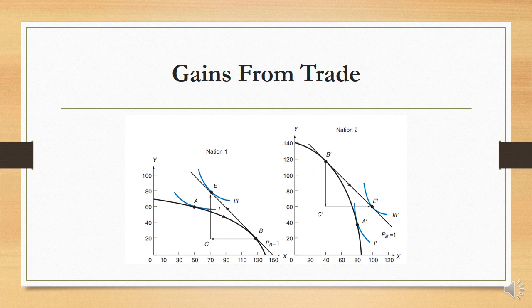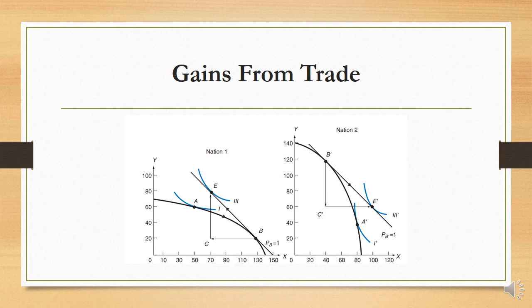Gains from trade. Look at the diagram. This diagram shows both nations after trade, specializing in the production of their commodity of comparative advantage.